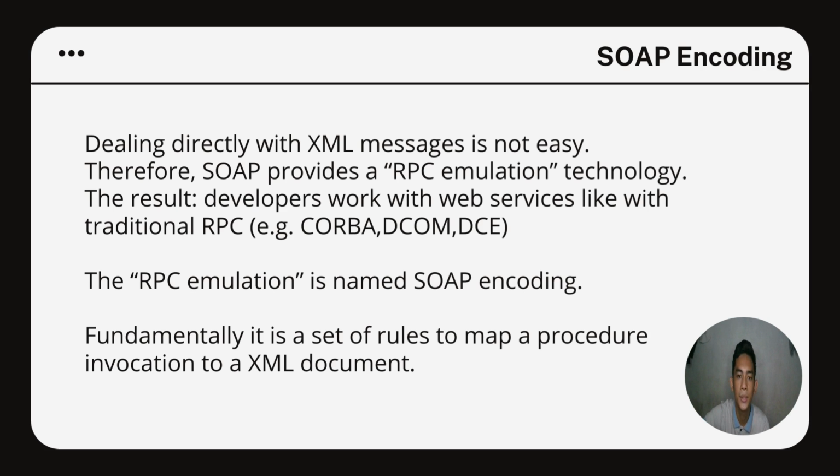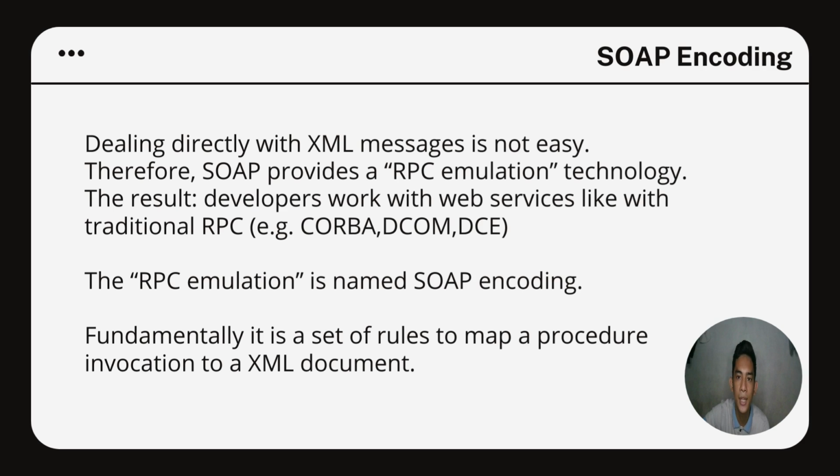The RPC emulation is named SOAP encoding. Fundamentally, it is a set of rules to map a procedure invocation to an XML document. SOAP encoding is an extension of the SOAP framework specification that defines how a data value should be encoded in an XML format.